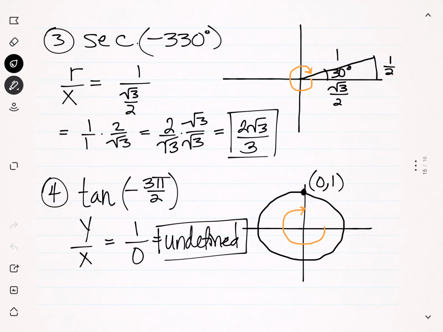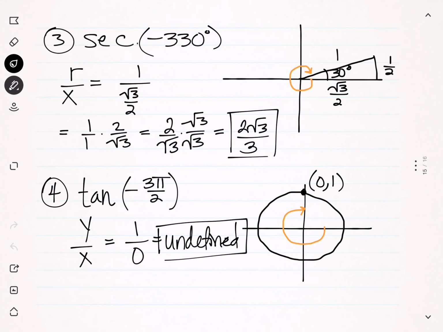For number 3, the secant of negative 330 degrees, we're going clockwise. It puts us in quadrant 1 with a triangle with a reference angle of 30 degrees. Okay, so the x value is root 3 over 2. The y value, the vertical distance, is 1/2, and the radius is 1.